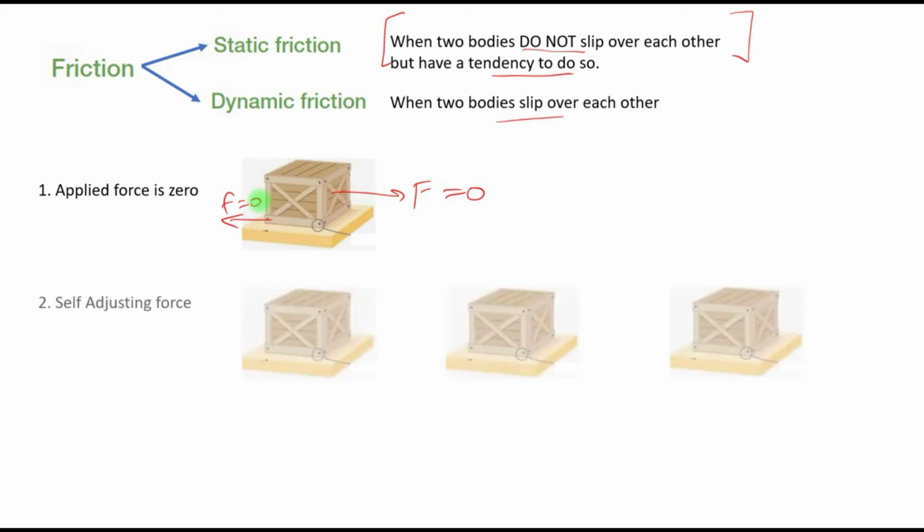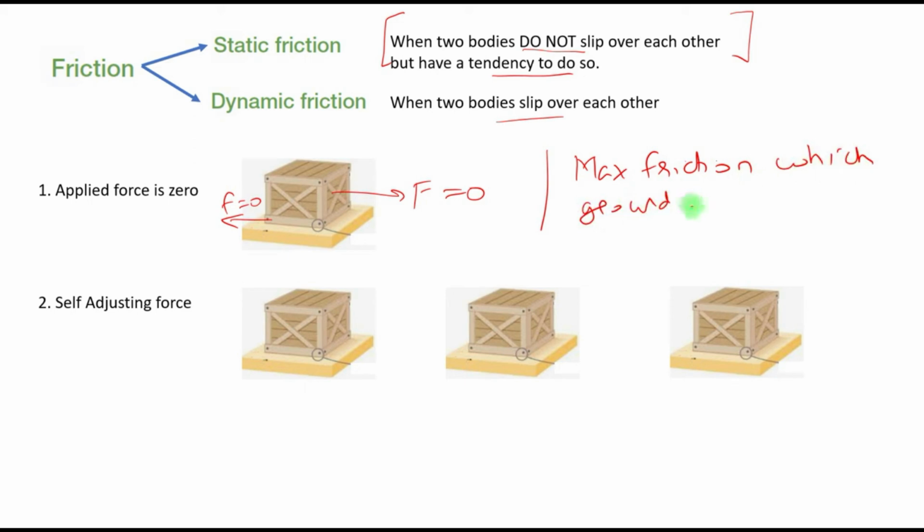Now let's see the second. Now the same block and three different cases. In this particular case, let me give you a value. Let's say the maximum friction which the ground on which the block is placed can provide, hypothetically, is 50 newtons.